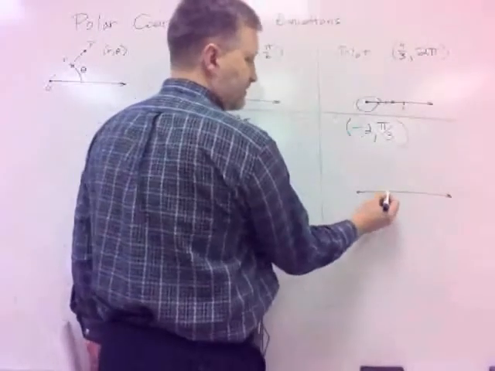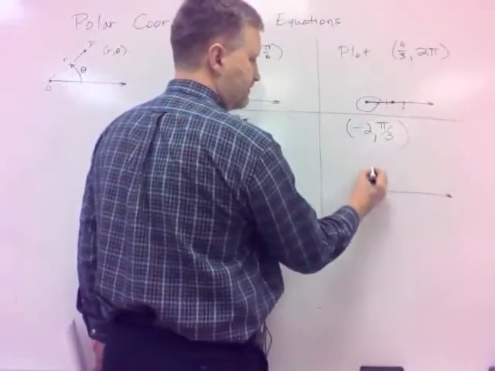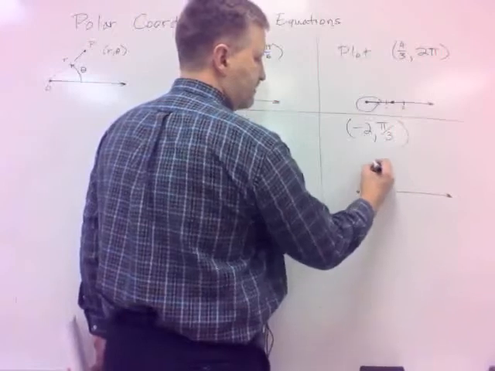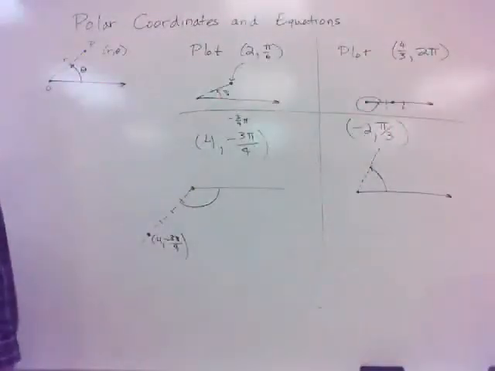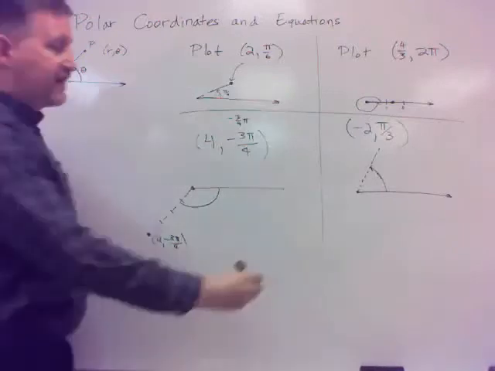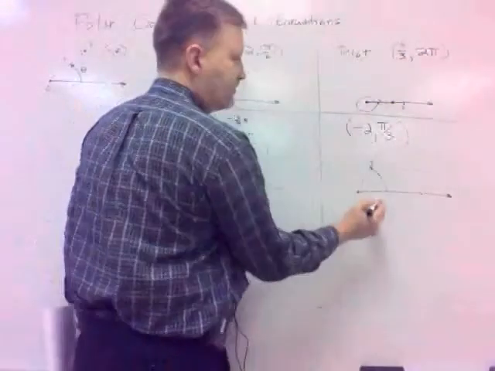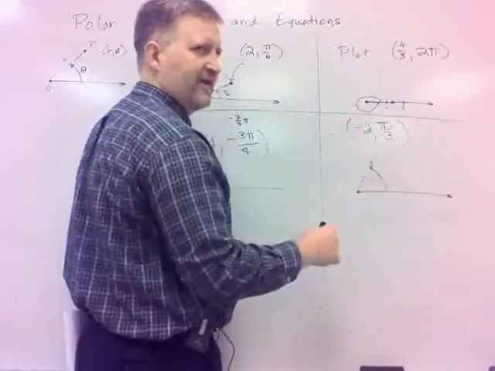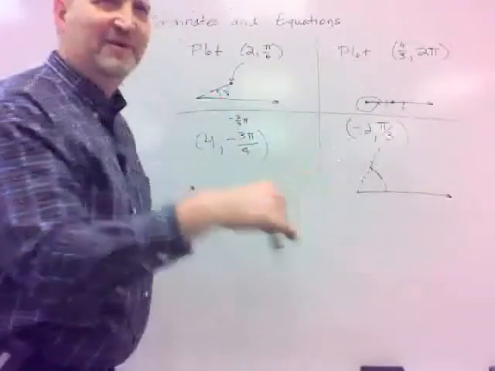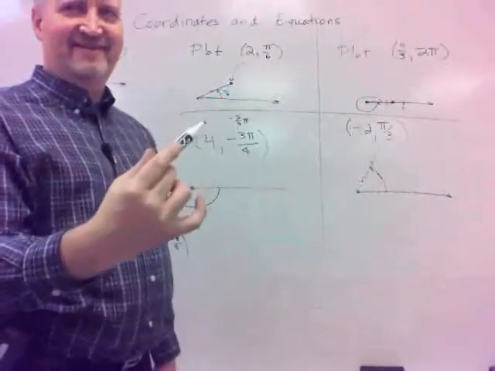Pi over 3 is 60, so about 60 degrees here. So we're talking the terminal angle will be there. However, r is negative 2. Well, if I go here 1, 2, that wouldn't be right, because that would be positive 2, pi over 3. How am I going to do negative 2, pi over 3?